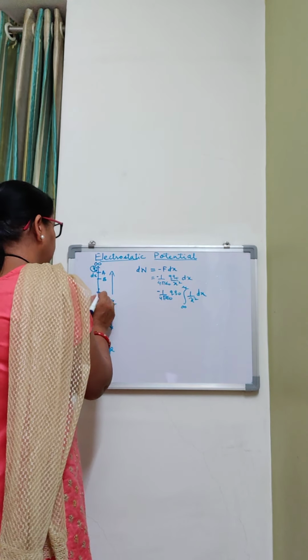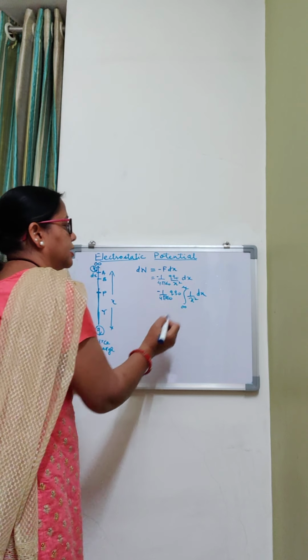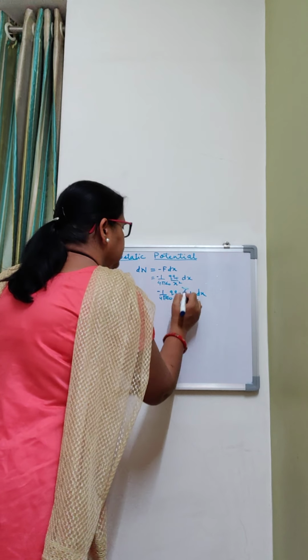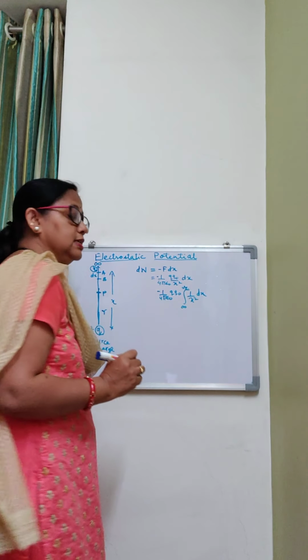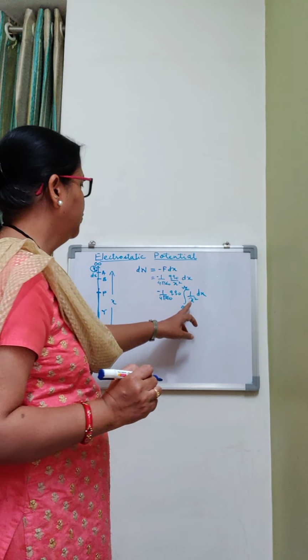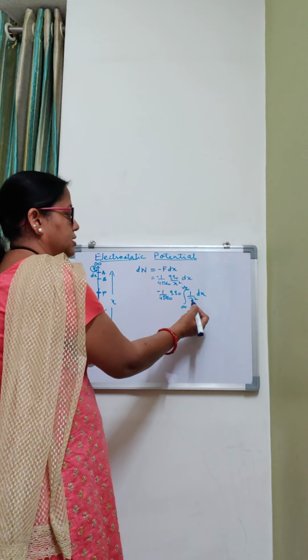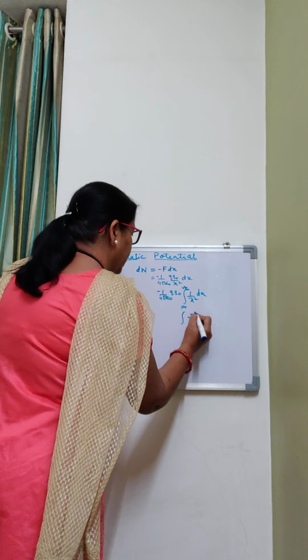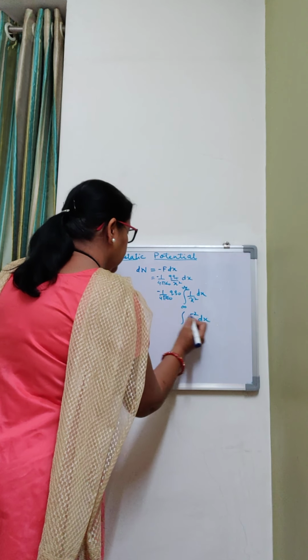Ultimately, we have to come to point P, which is at a distance r. So I have taken the lower limit as infinity and upper limit as r. Now I have to find out the integration of 1 upon x square. So I can write it as x raised to minus 2 into dx.